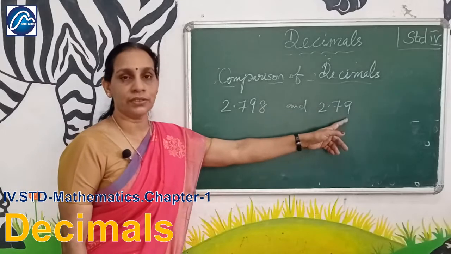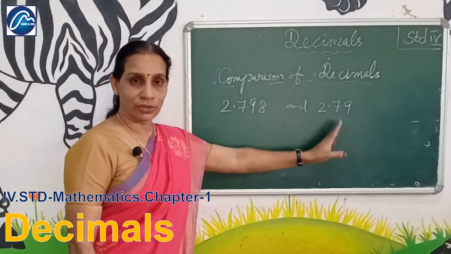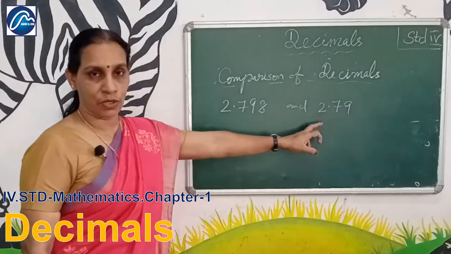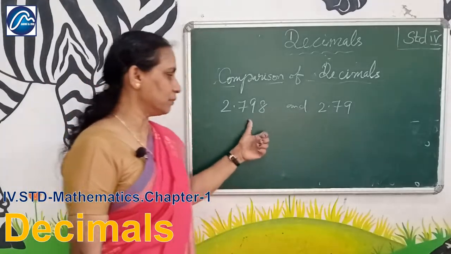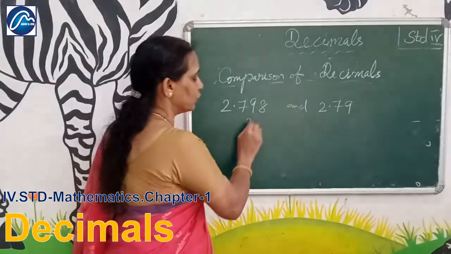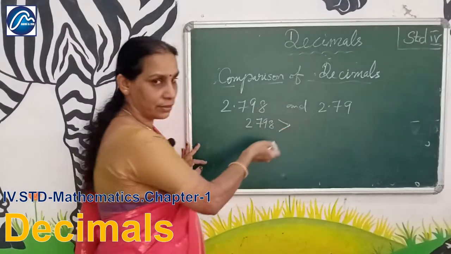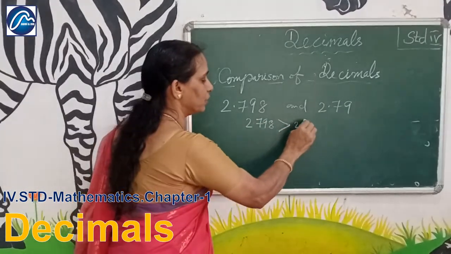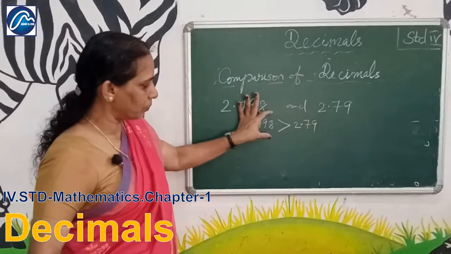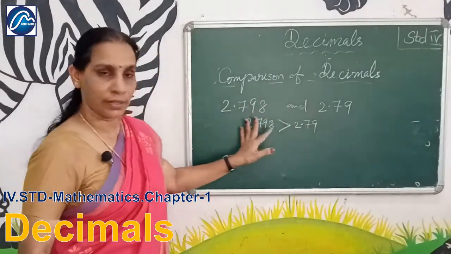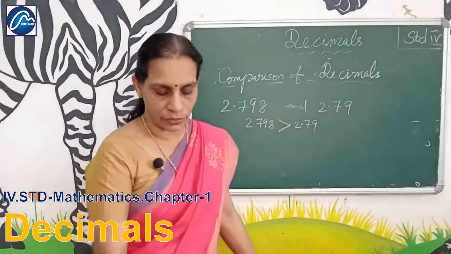But here there is no thousandths, so 0 thousandths. Okay, which is smaller? This is smaller and this is bigger. So we will write as 2.798 is bigger than 2.79. Bigger എഴുതുമ്പോൾ എപ്പോഴും ഈ ഓപ്പൺ ആയിട്ടുള്ള സ്ഥലമാണ് ബിഗറിൽ വരിക കേട്ടോ, അത് മറക്കണ്ട.